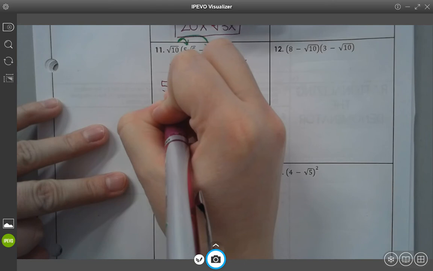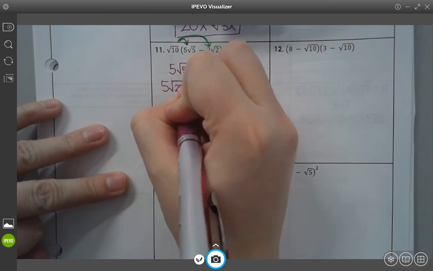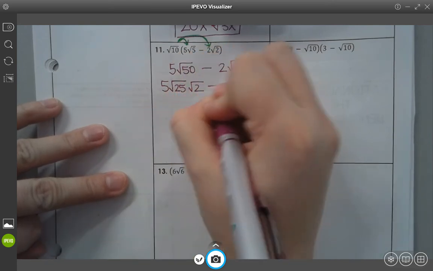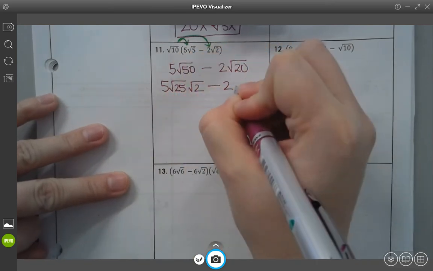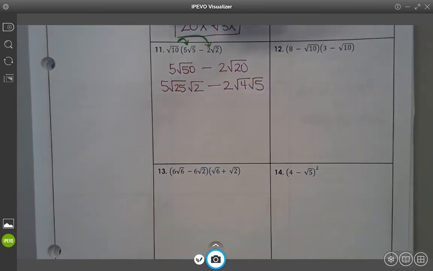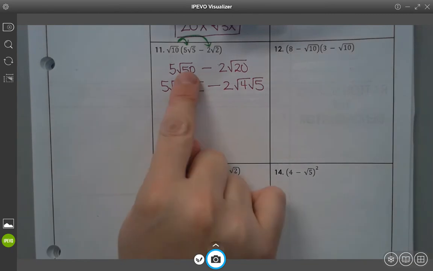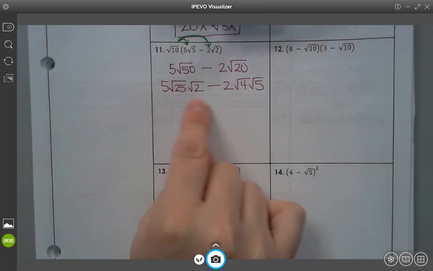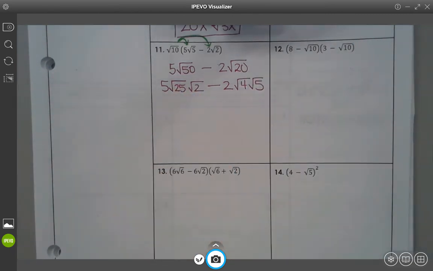So this is 5 square root of 25 square root of 2 minus 2 square root of 4 square root of 5. So I'll just split the 50 into 25 and 2 and the 20 into 4 and 5.